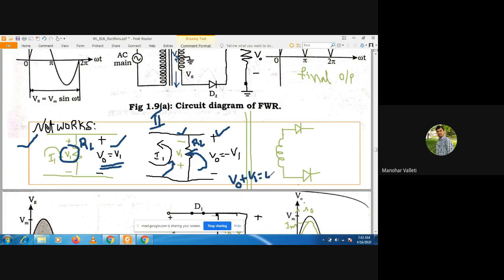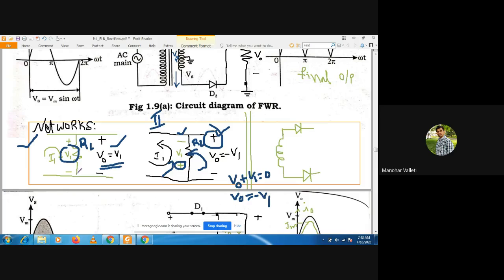So V0 equals minus V1, considering this sign and this sign, because I am applying the KVL equation in the anti-clockwise direction. So we get V0 equal to minus V1.